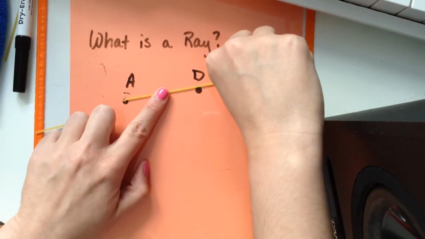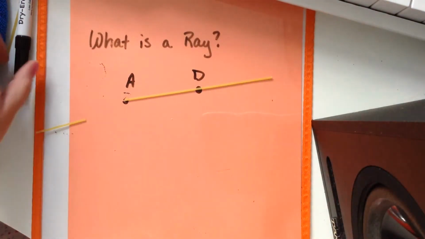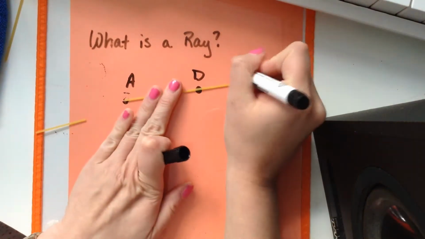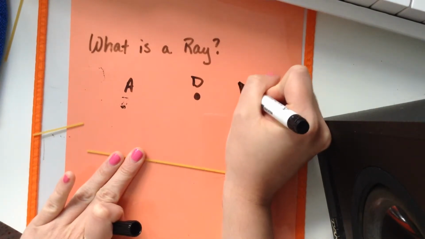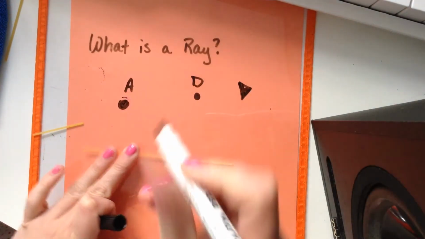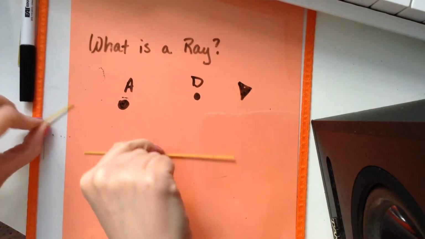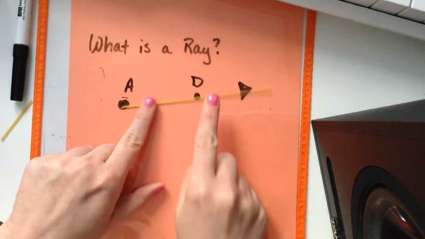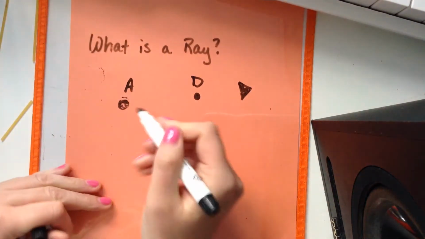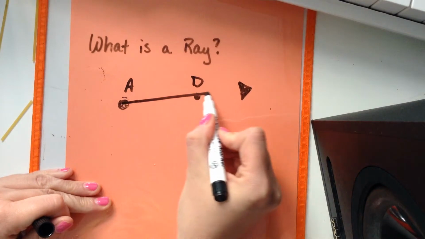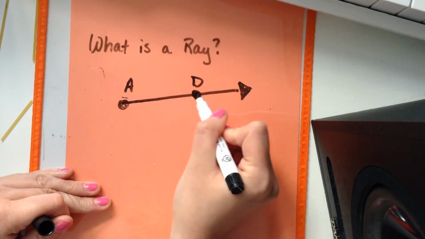Now D is here. And we would draw an arrow to show that it goes on and on forever. So let's take a look here. And that's what the ray would look like. When you're drawing it on your paper or you see it in a textbook, it's drawn like that.